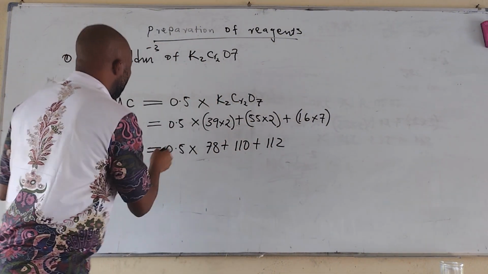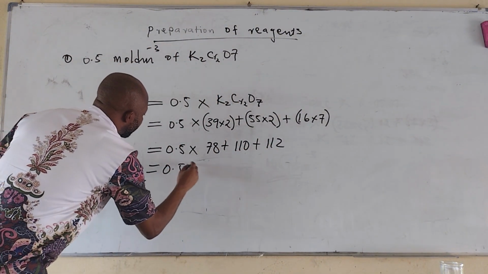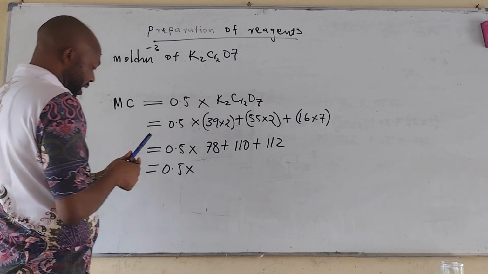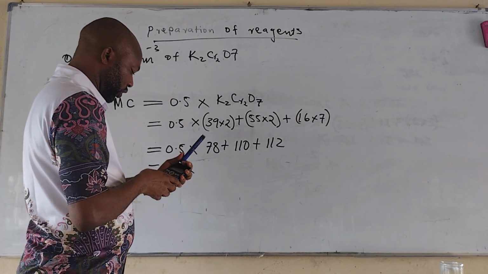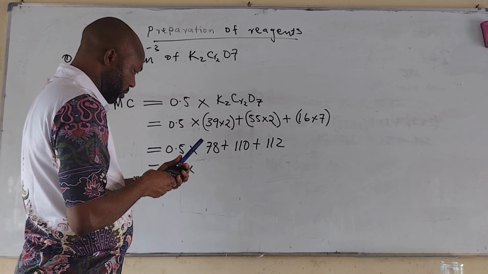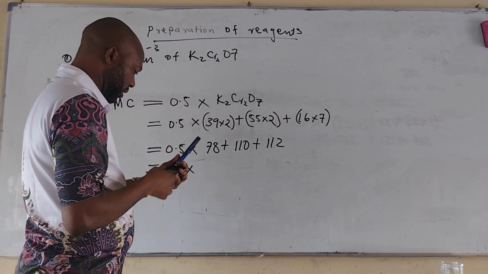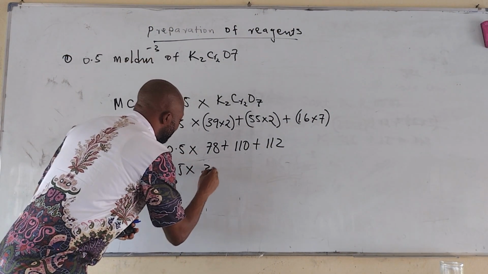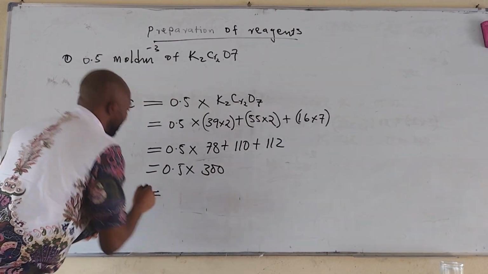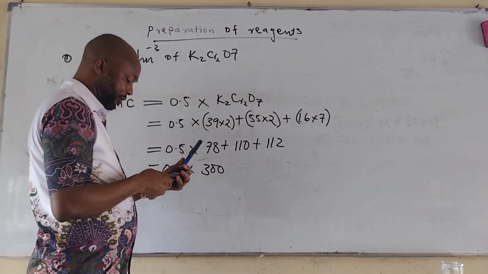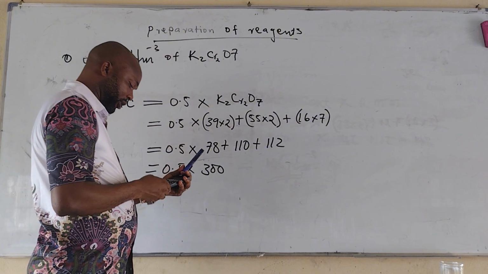So when I add all of that, 112 plus 110 plus 78, that is 300. Now multiply that with 0.5, which is 150.